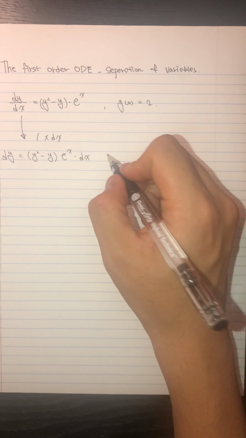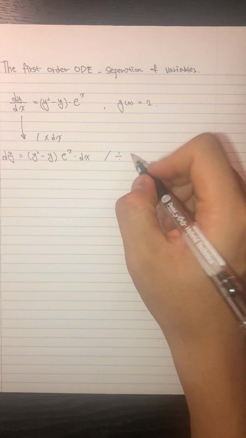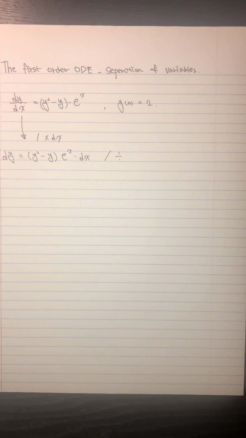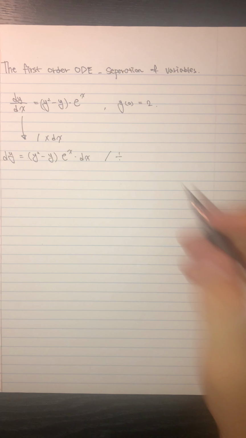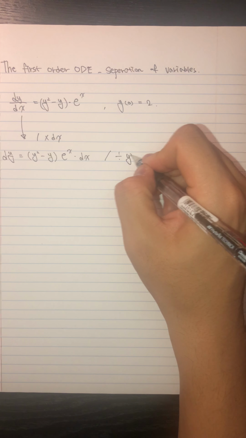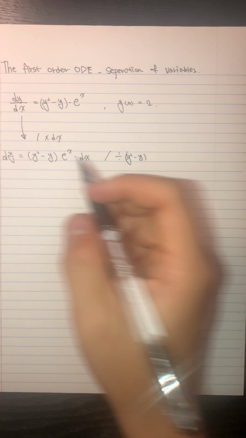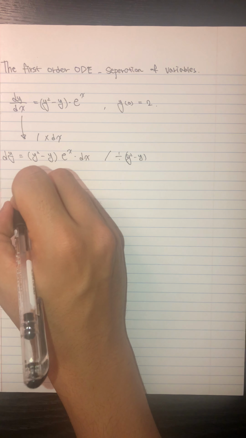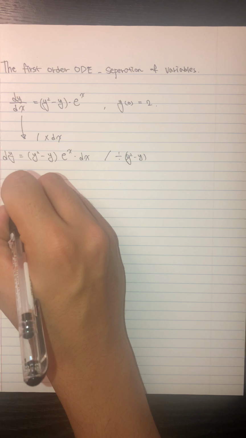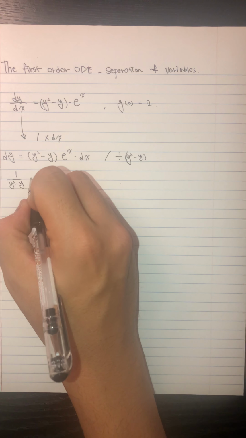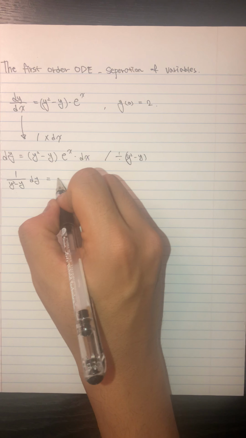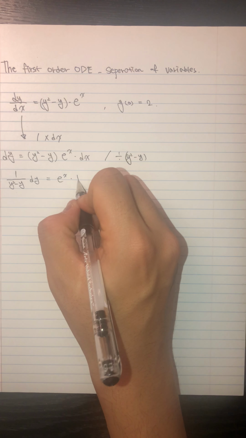And then divide by y squared minus y the whole equation. So 1 over (y squared minus y) dy equal to exponential x dx.